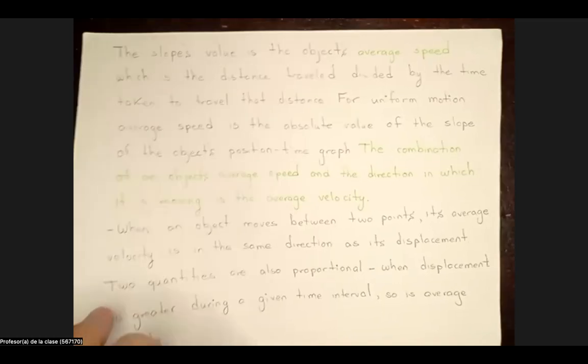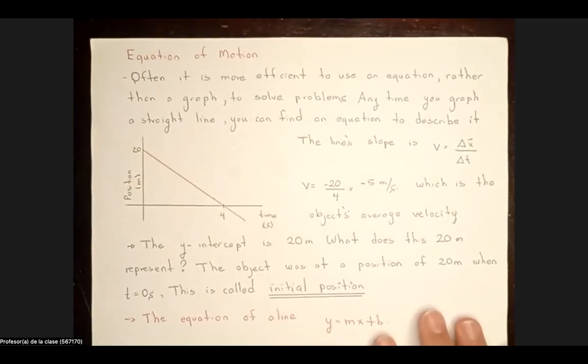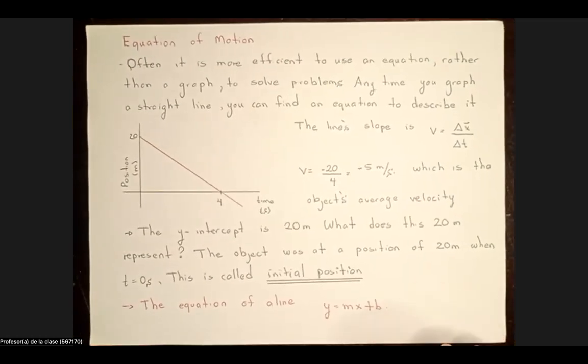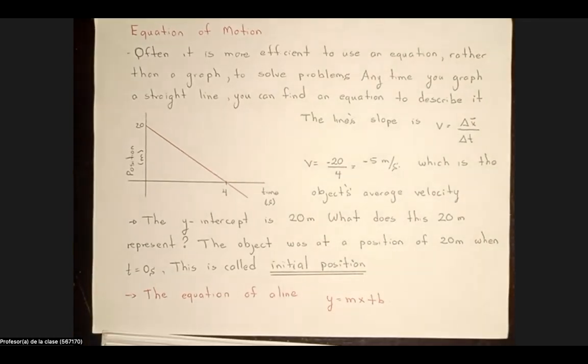So that's the reason why speed is a scalar and velocity is a vector, right? Okay, so let's do an example before talking about equations of motion. Let's do an example here.